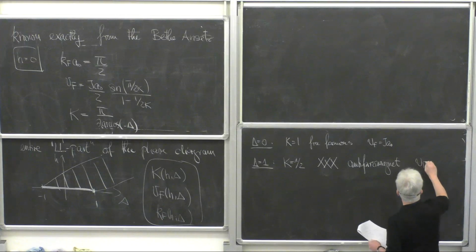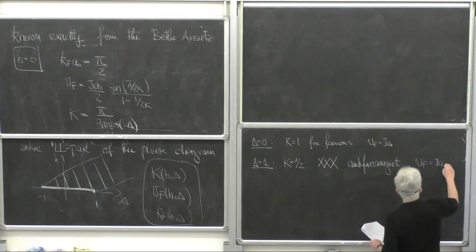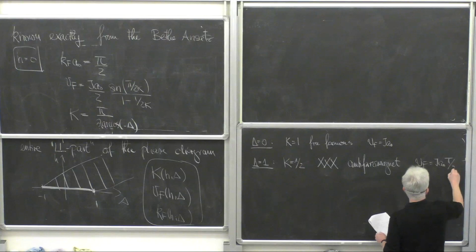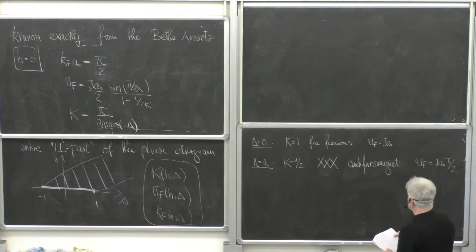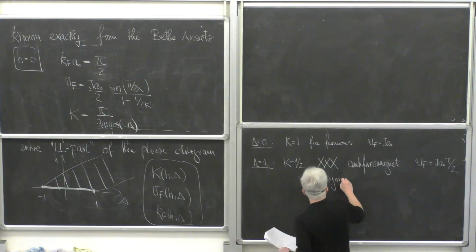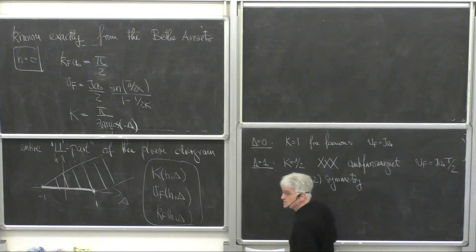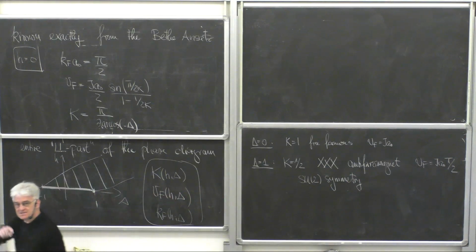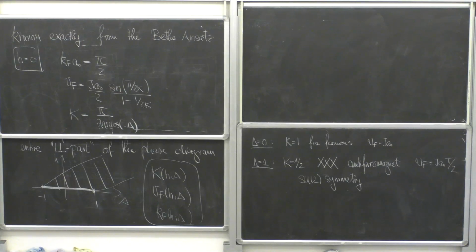So v_F is J a_0 pi over 2. And here you have an enhanced symmetry, an SU(2) symmetry of the lattice model, because the interaction is just S dot S. So you clearly have full spin rotational invariance. And you see this in the free boson theory because the compactification radius takes a special value. For that special value of the compactification radius of the free boson, you have this enhanced SU(2) symmetry.